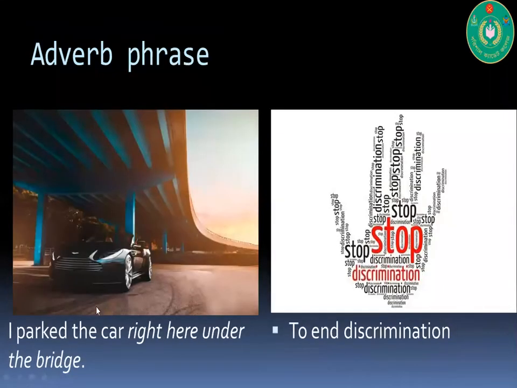Adverb phrase. I parked the car right here under the bridge. You see, right here under the bridge is an adverb phrase. To end discrimination is also an adverb phrase, and this is also a common format for flowchart writing.